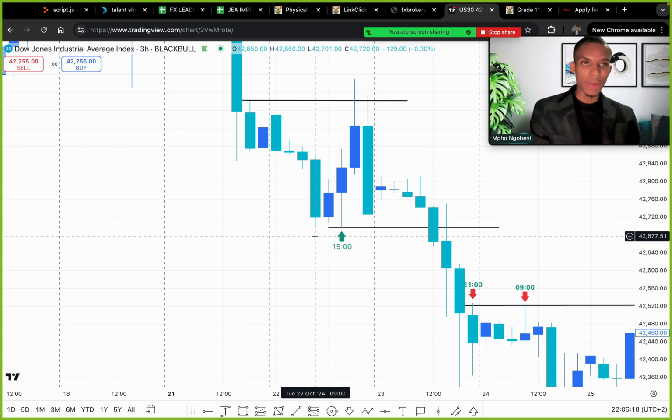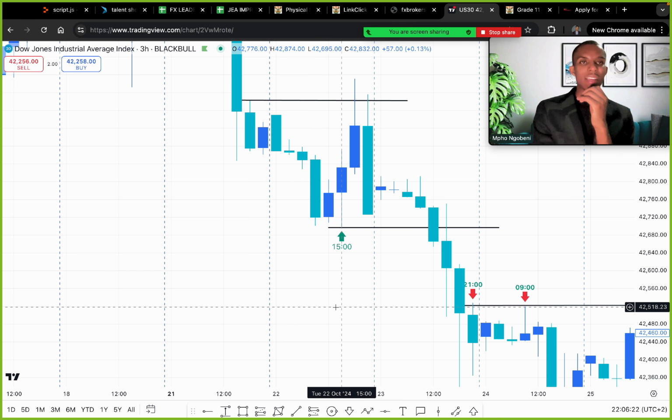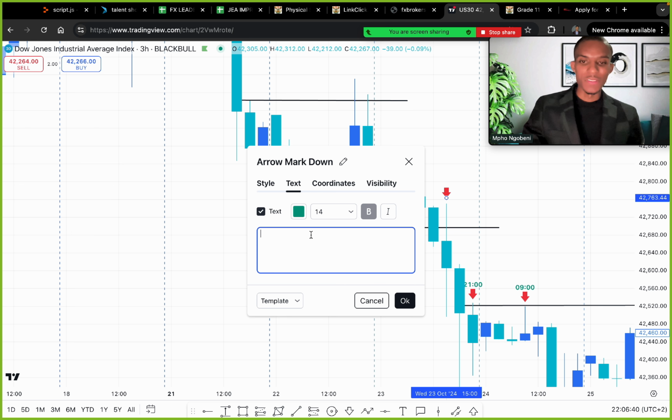We saw a break in market structure, and then we came to retest. So what's the time that rejected there? It came for a retest. What's the time? Correct. 15 o'clock. So let's check. Yes, as you can see, what came back to give us a retest at that area was 15 o'clock.